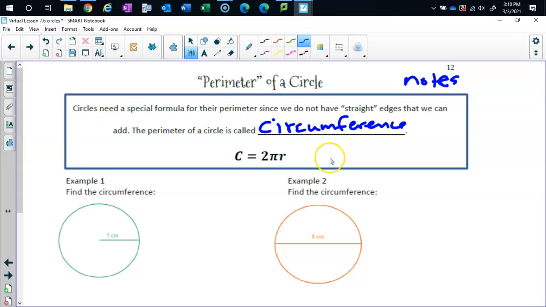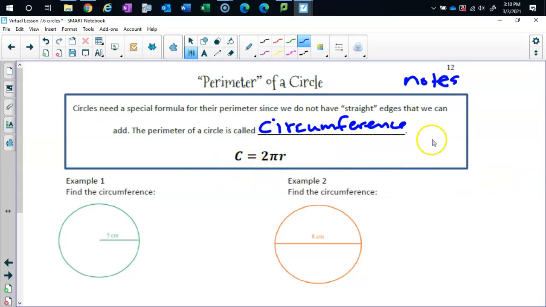Now, guys, if you look on your formula sheet, under circle, there are two formulas. One is C equals 2 pi r, and the other one is area equals pi r squared. So this one is circumference.